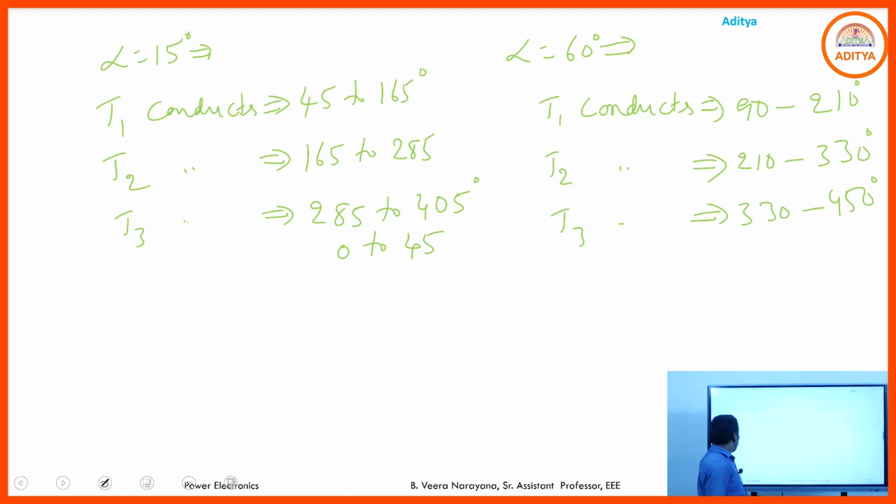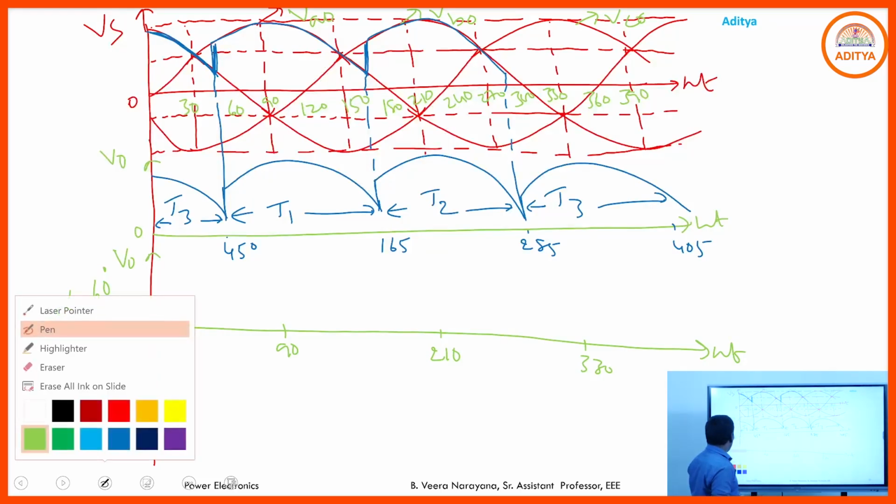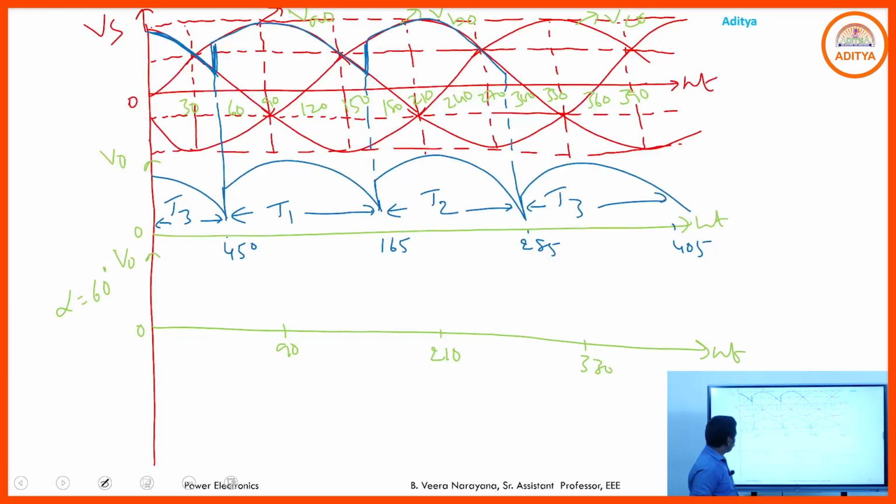So I am going with the continuous conduction mode, and here alpha equals 60, that means 0 to 90, first 90, 210, 330, next 450.